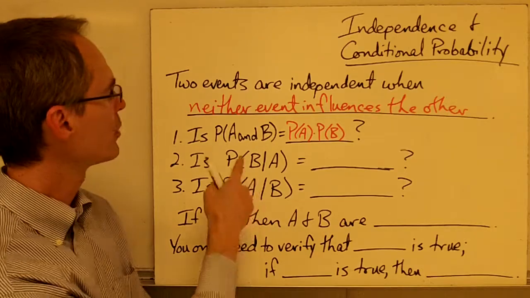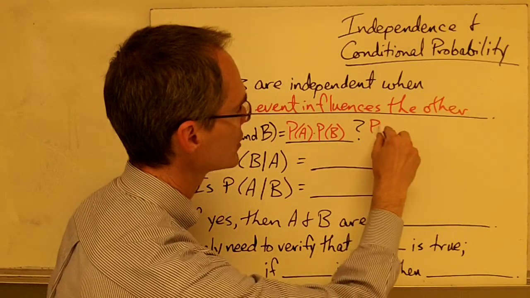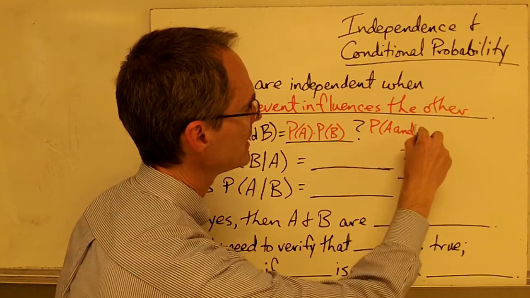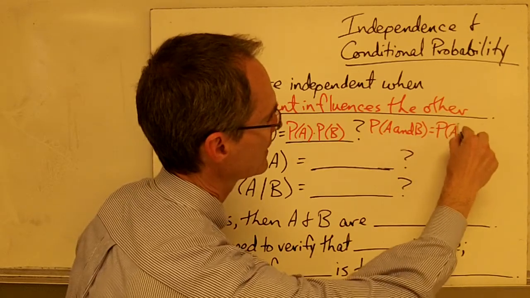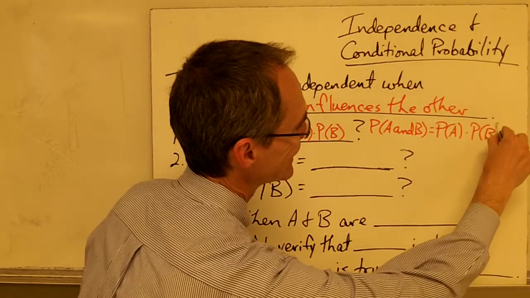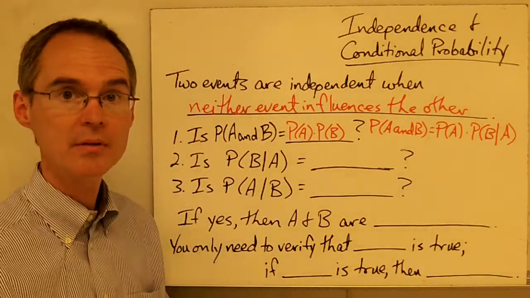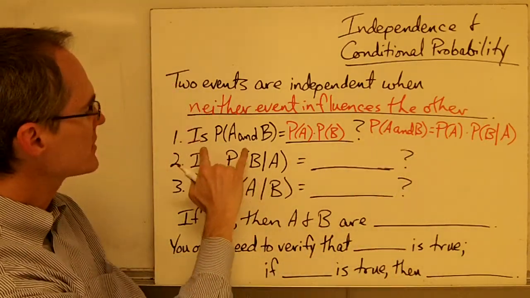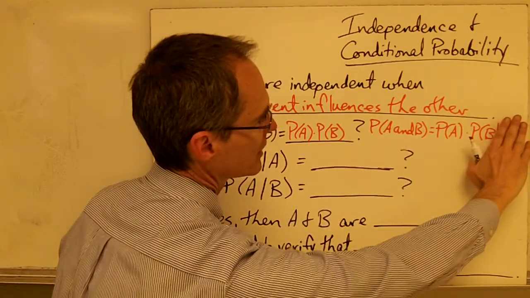Now, you may remember this thing that we've looked at called the multiplication rule, which is usually written like this. Probability of A and B equals the probability of A times the probability of B given that event A has already happened. So this is called the multiplication rule. And notice the way I've written this, I've basically chopped off this part over here.